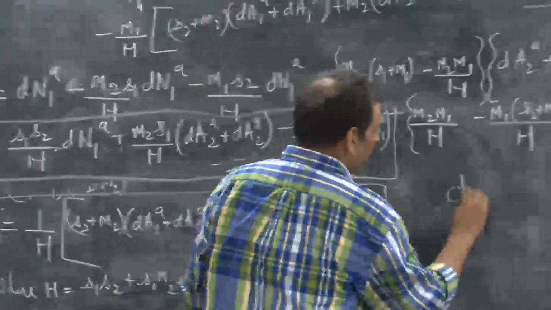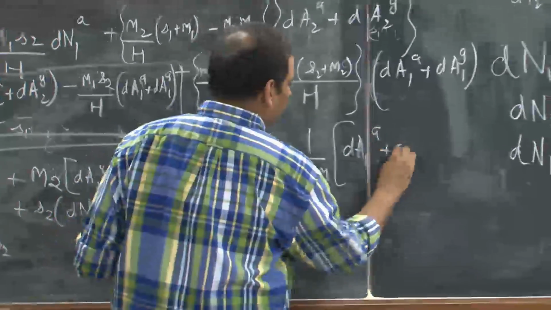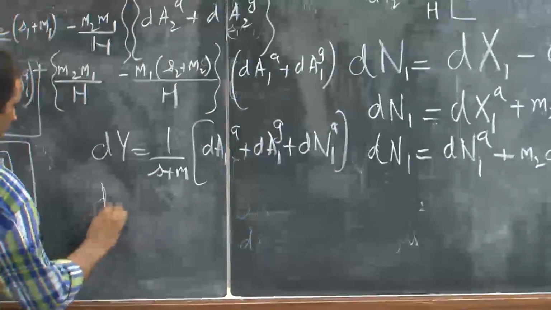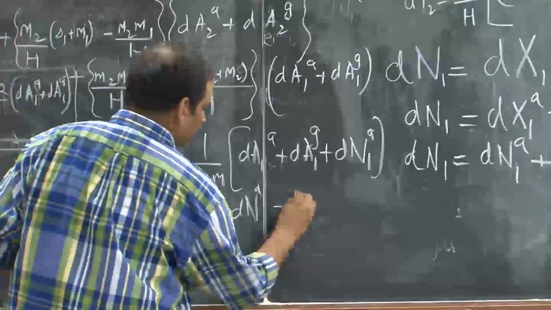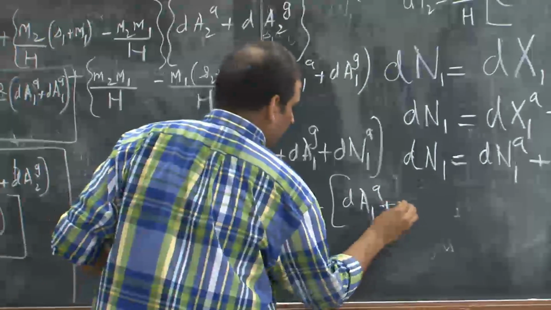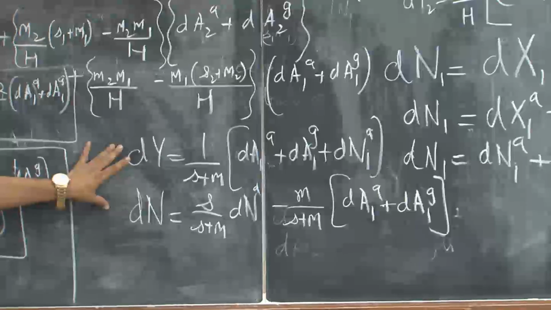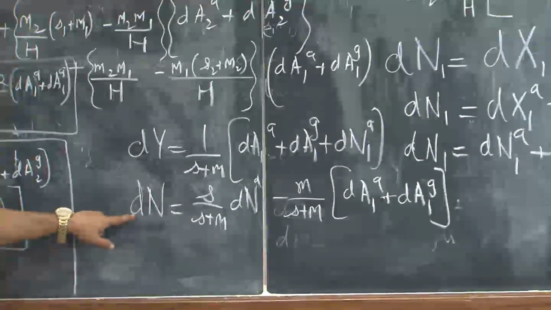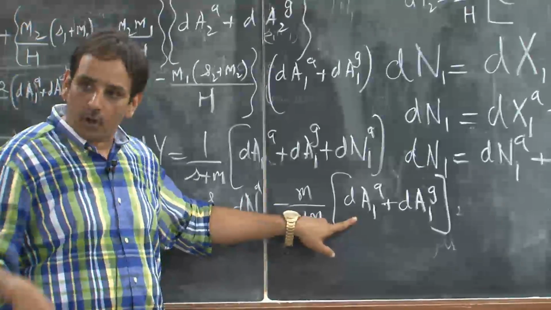Please recall the two equations, which were 1 upon S plus M times dA1A plus dA1G plus dN1A, and dN equal to S upon S plus M dNA minus... Even in this model where you did not have interdependence, expenditures in your home country led to deterioration in the current account balance, meaning that if you raise expenditures, your incomes go up.